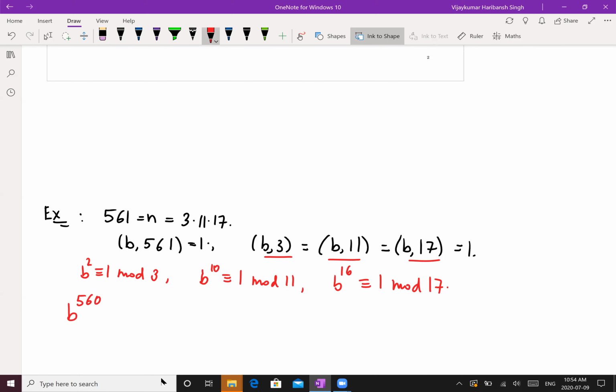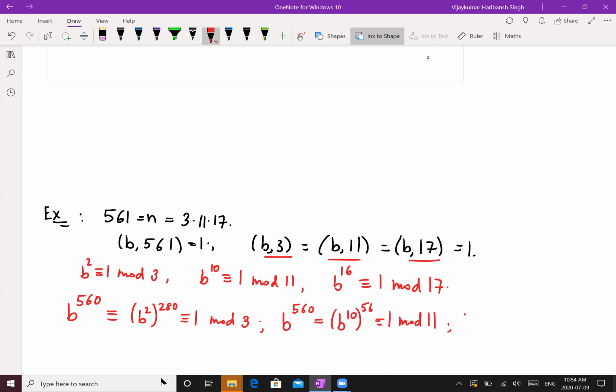So b to the power 560 is congruent to b squared, the whole power 280, which is congruent to 1 mod 3. b to the 560, which is a multiple of 10 as well, is also congruent to 1 mod 11.